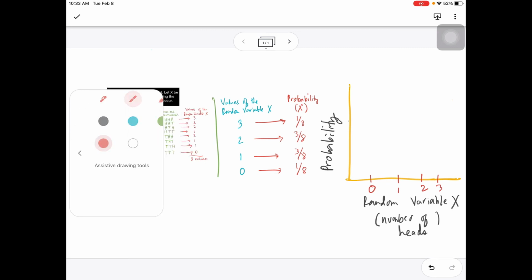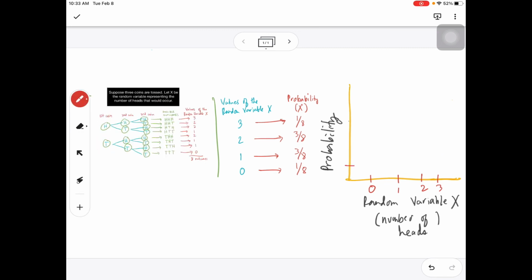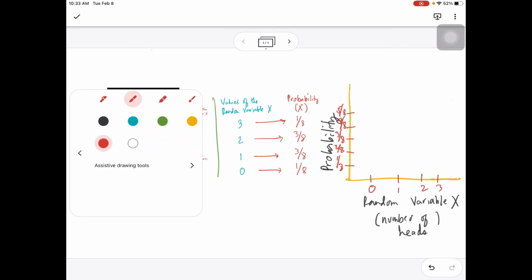So here this is 1/8. Then we go with 2/8. Then we go with 3/8, 4 over 8, 5 over 8, and so on. Anyway, the highest probability here is just 3 over 8.